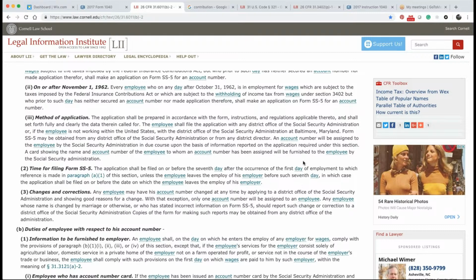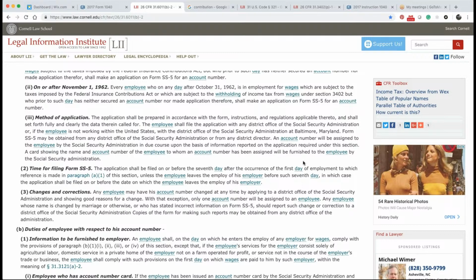Form SS-5 may be obtained from any district office of the Social Security Administration or from any district director. An account number will be assigned to the employee by the Social Security Administration in due course upon the basis of information reported on the application required under this section. A card showing the name and account number of the employee to whom an account number has been assigned will be furnished to the employee by the Social Security Administration.